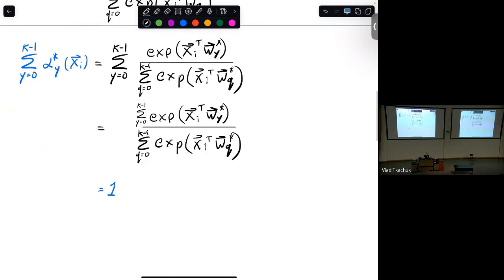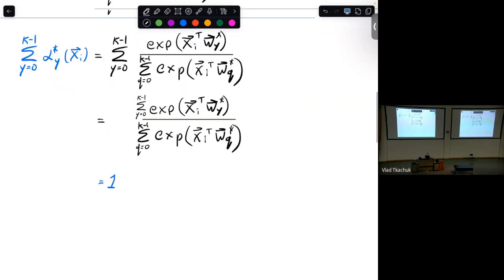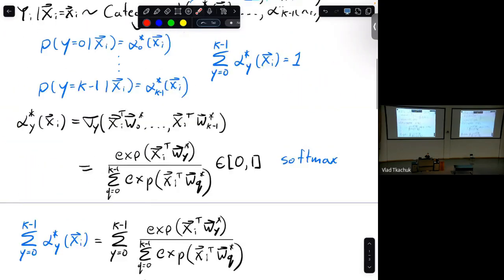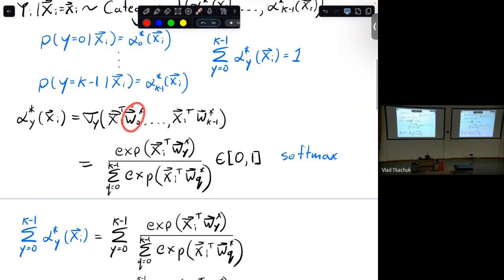All right, now we just need to solve the maximum likelihood estimation problem to estimate these parameters. And then we're done. So how many parameters do we have? Well, we have k parameters, right? There's one parameter for each label. There's k of them. So let's solve for them.